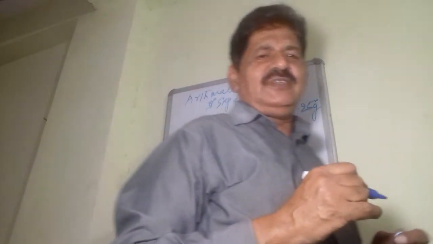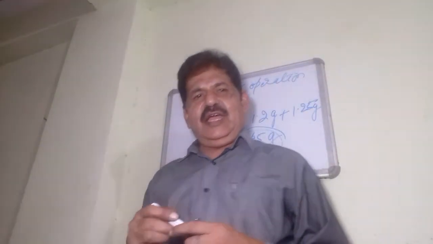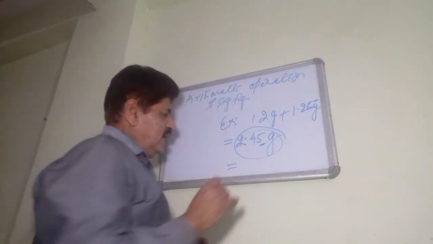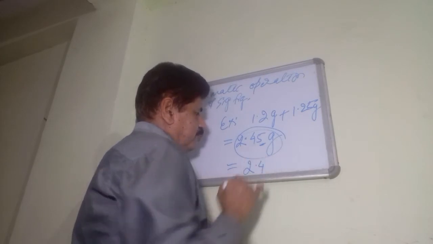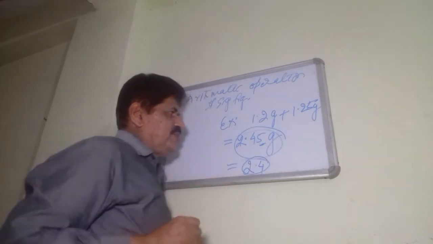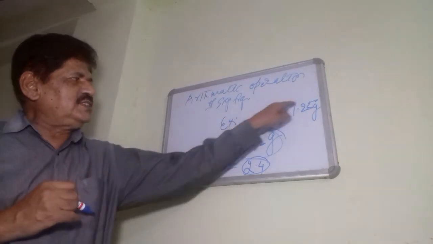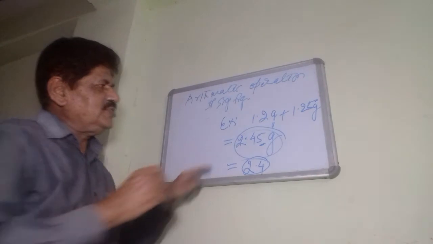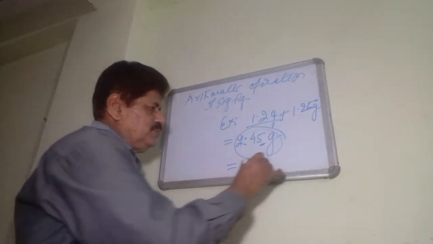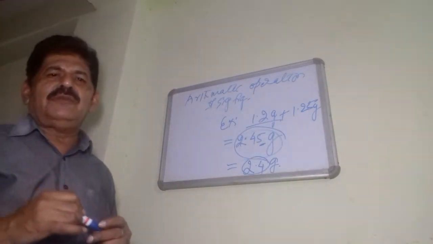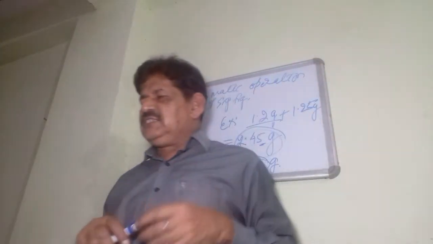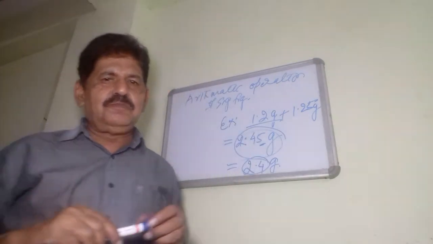If 5 is dropped and the preceding number is even, there is no change and it becomes 2.4. So there are two significant figures because in this equation the minimum number of significant figures is 2. This is the rule for addition and subtraction of significant figures.